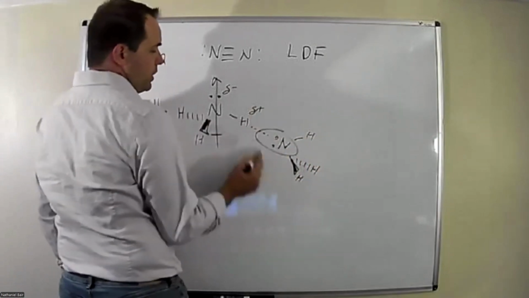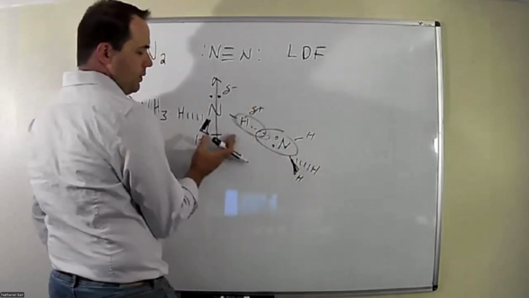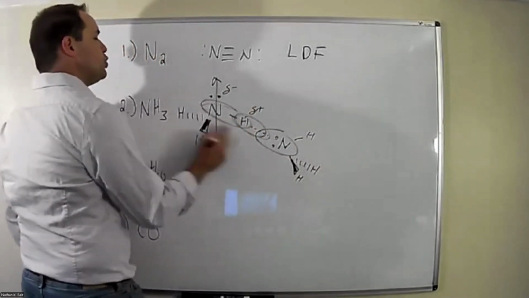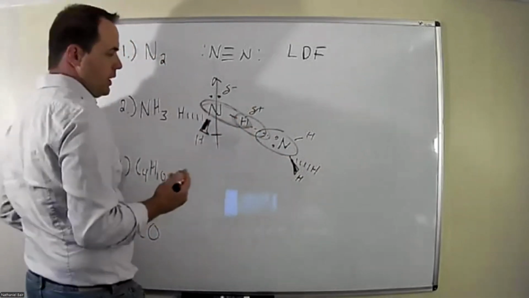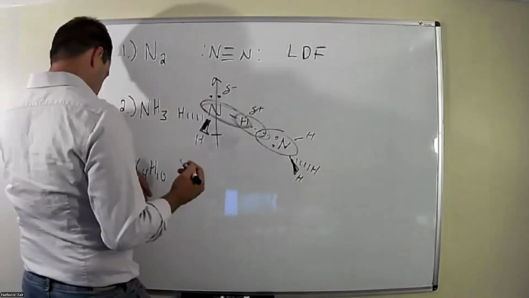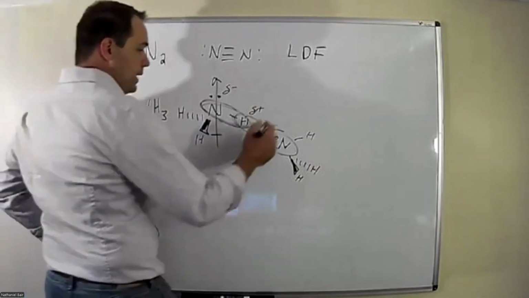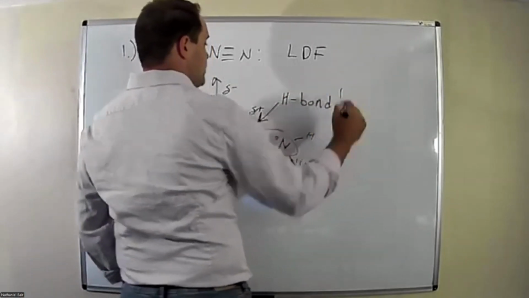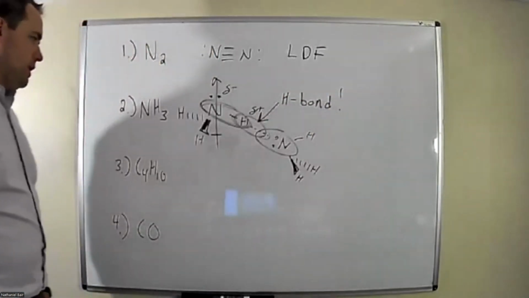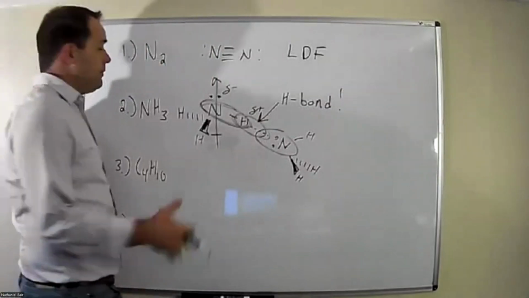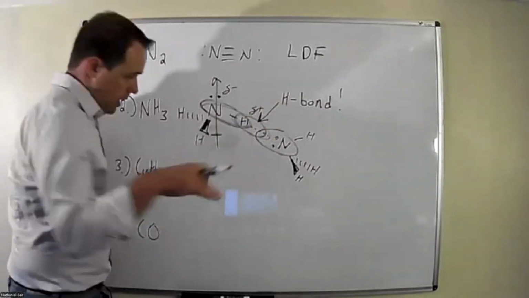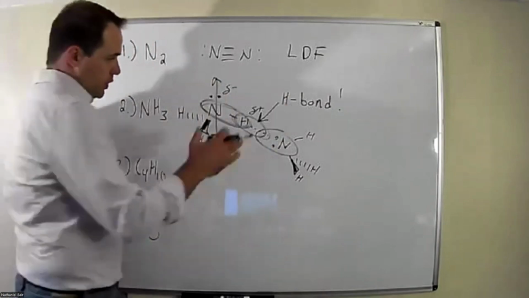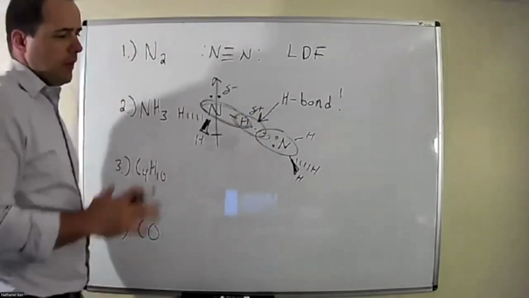We have a nitrogen intermolecularly interacting with a hydrogen that's intramolecularly bound to a nitrogen. So that's going to be a hydrogen bond. What else does it have? It's also got dipole-dipole, and it's also got LDF. But the strongest force by far is the hydrogen bond.